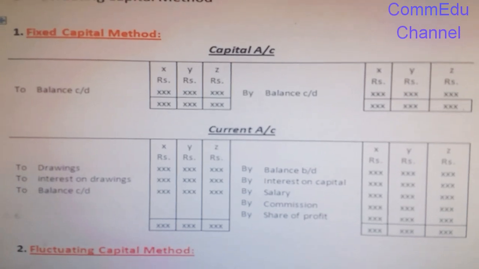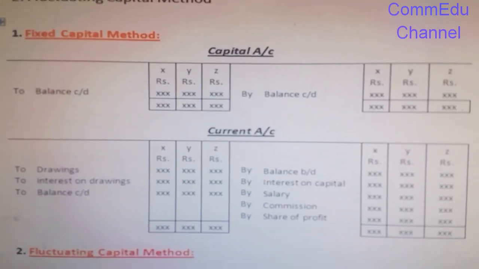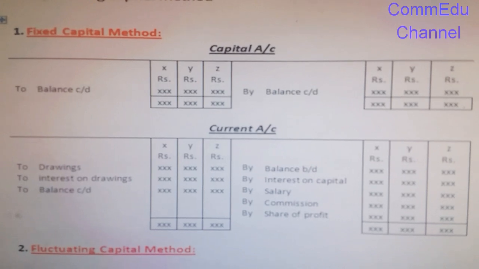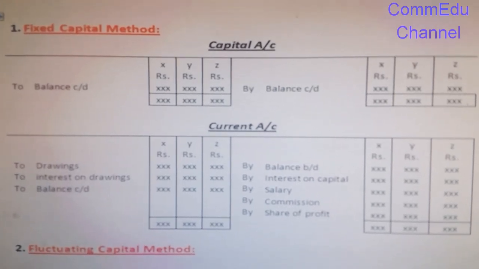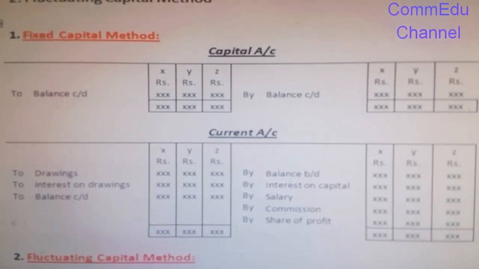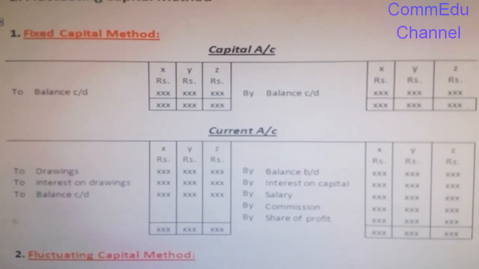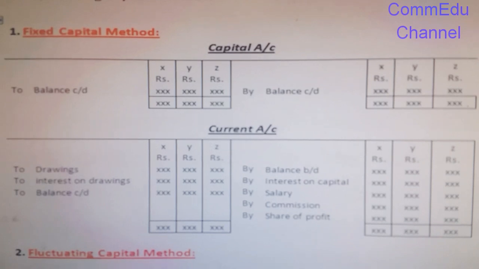The partner's capital account is credited with the original amount of capital introduced by the partner into the business. It is to be credited subsequently with extra capital introduced by the partner during the year or debited with the amount of capital permanently withdrawn by the partner. No other adjustments are made in this account.